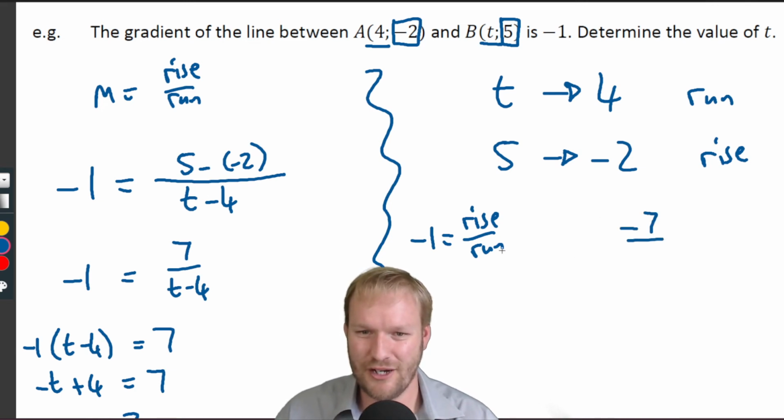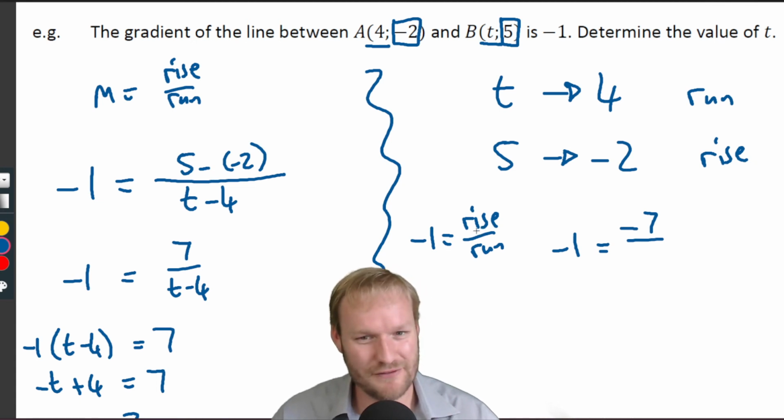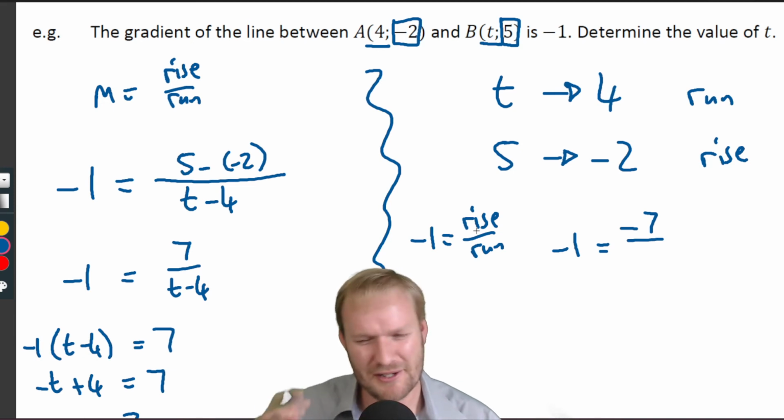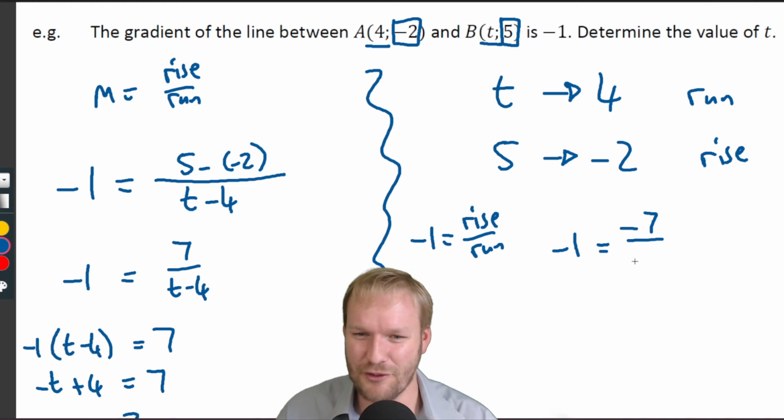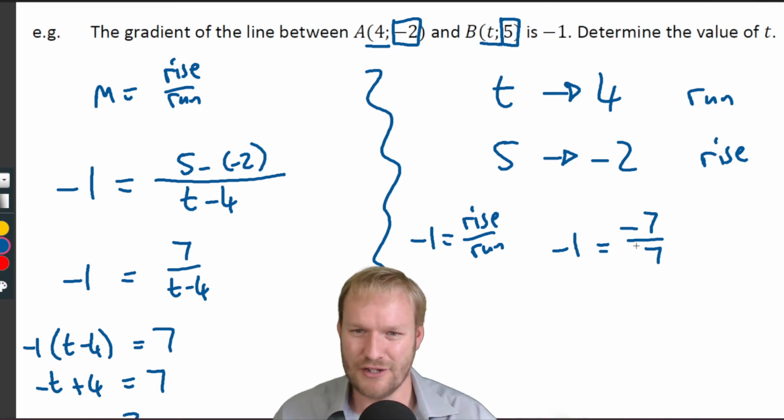And we know that our run must be what, so that our overall gradient is -1. So here's kind of a downside. You can hear I'm humming and ahhing, going, sure, I really have to engage my brain a bit more here rather than just bombing through the formula. Well, this run must be 7, which means we can work out what our t value is.